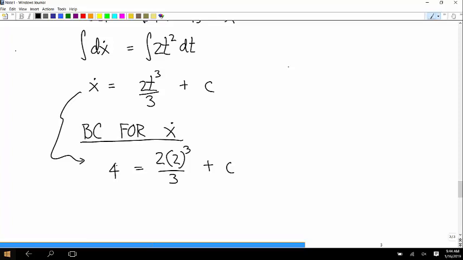And we can use that to solve for c. So that's 16/3 minus 12/3, you get -4/3 there.